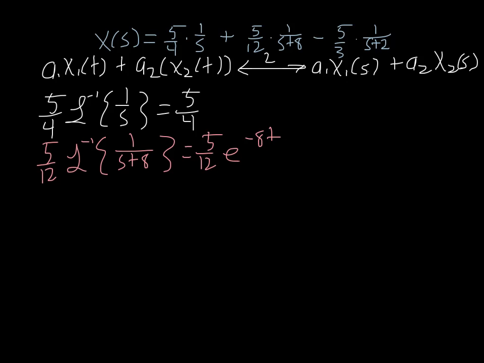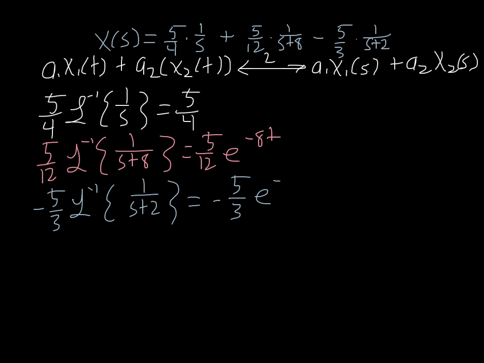And for the third term, we have minus 5/3 times the inverse Laplace of 1 over (s plus 2), which is similar to what we just did. So minus 5/3 e to the minus 2t. And that's your answer.